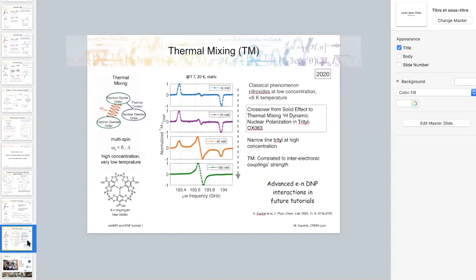So, for example, these hybrid radicals tend to counter the problem of a cross effect being less efficient at higher magnetic fields. On the other side, solid effect is more efficient at high magnetic fields. So people are also trying to develop polarizing agents for higher magnetic fields, such as metal ions like gadolinium, that at higher magnetic fields should have sharper EPR line, and therefore should have sharper solid effect condition. Thermal mixing is not investigated yet in the context of MAS DNP.